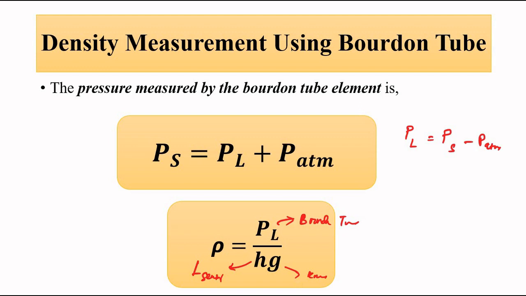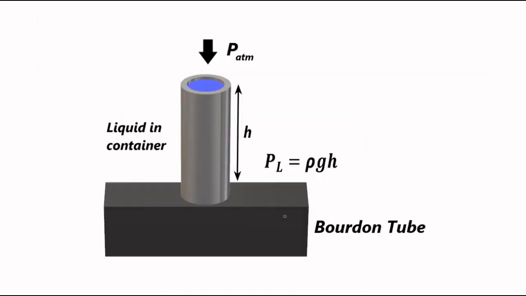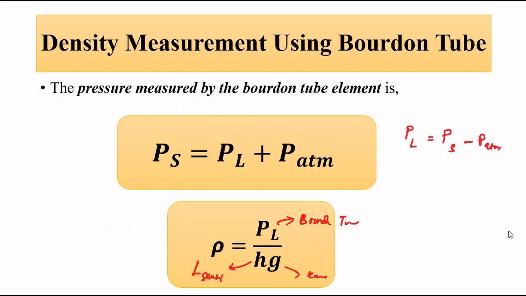And if it is closed, then there will be no atmospheric pressure and the sensor reading directly gives us the liquid column pressure. So this is when it is open and this is when it is closed, because when it is closed, the atmospheric pressure will have no role to play.